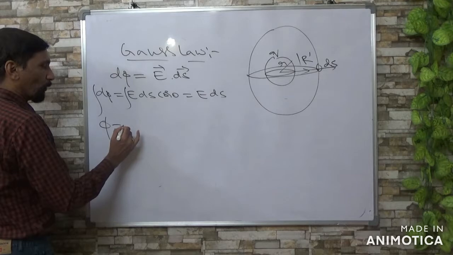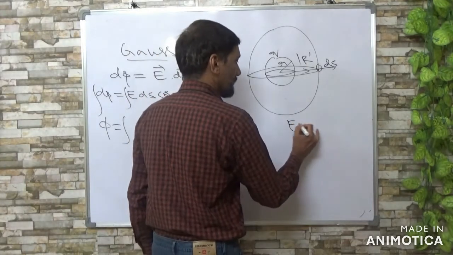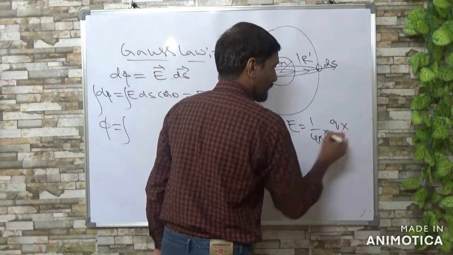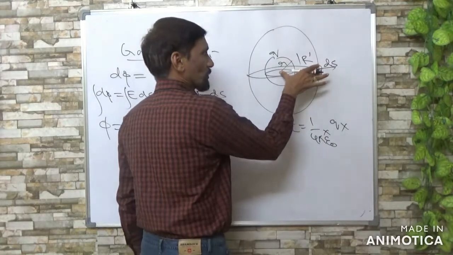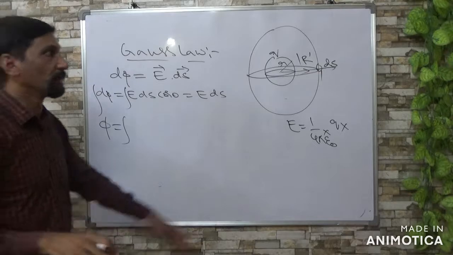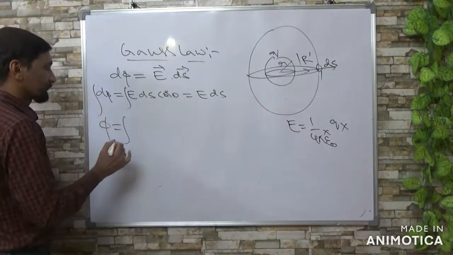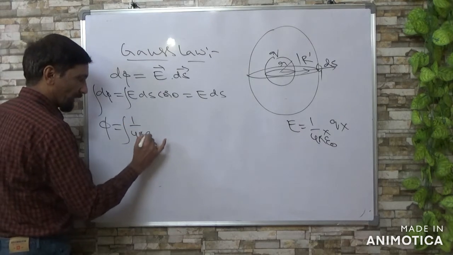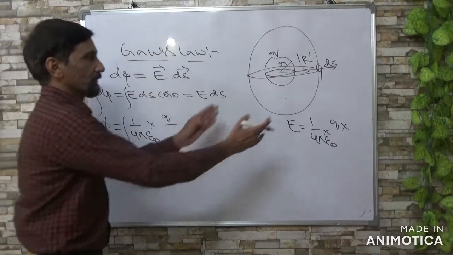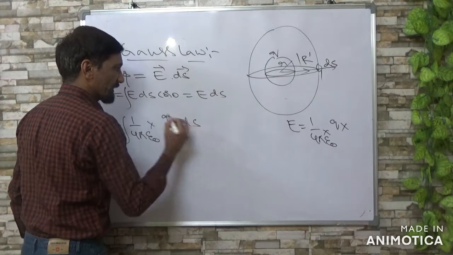E at a point, how do you calculate E at a point? E equal to 1 by 4 pi epsilon naught Q, force between 2 point charges, that is force experienced by unit point charge, right? So that is why 1 by 4 pi epsilon naught into Q by distance r square into ds.